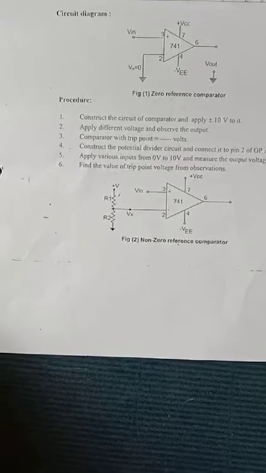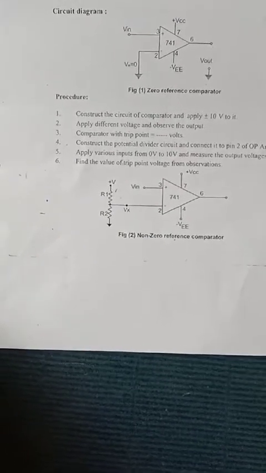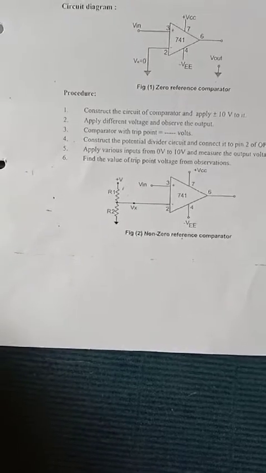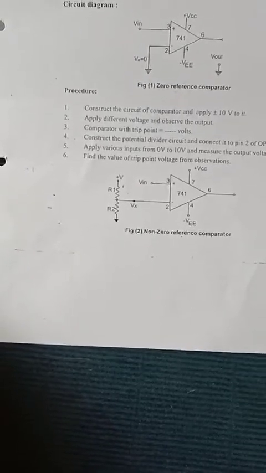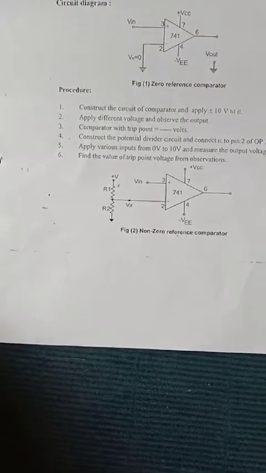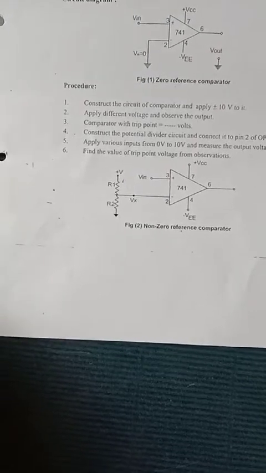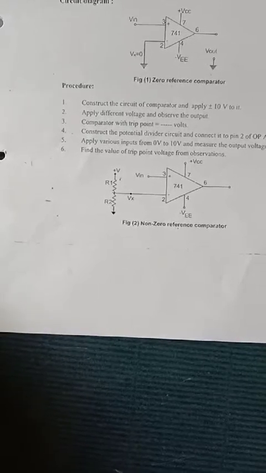Okay, for example, suppose the reference voltage is 6 volt, then if the applied input voltage is 6.1 volt, then the output will be positively saturated output. But if it is less than 6 volt, then the output will be negatively saturated.